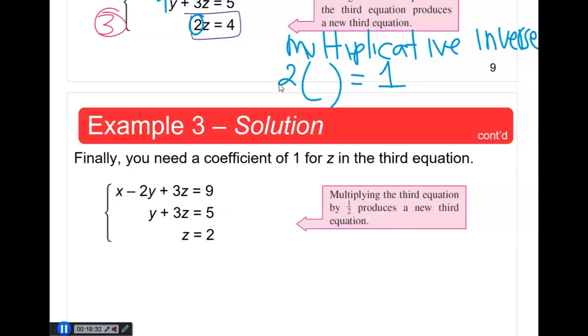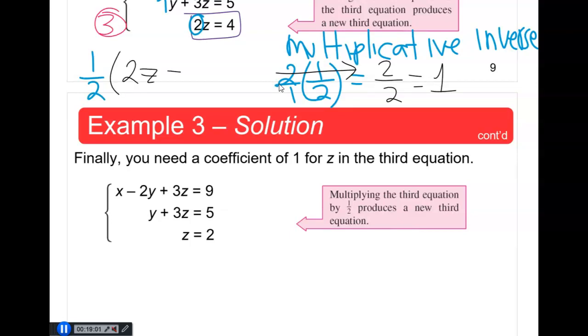And that number is going to be 1 over 2. So when we multiply the fractions, we multiply straight across. So we will have 2 over 2, which is equal to 1. So that's why 2 and 1/2 are multiplicative inverses of each other. So what happened here is that they took that equation number 3, 2z equals 4.